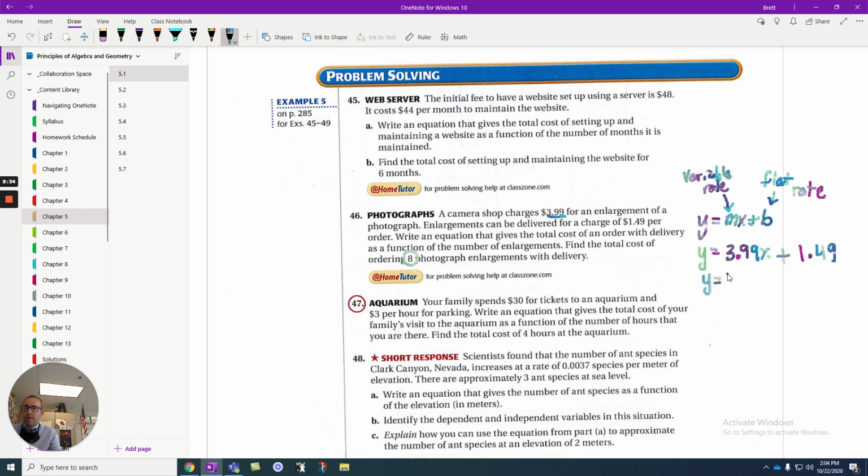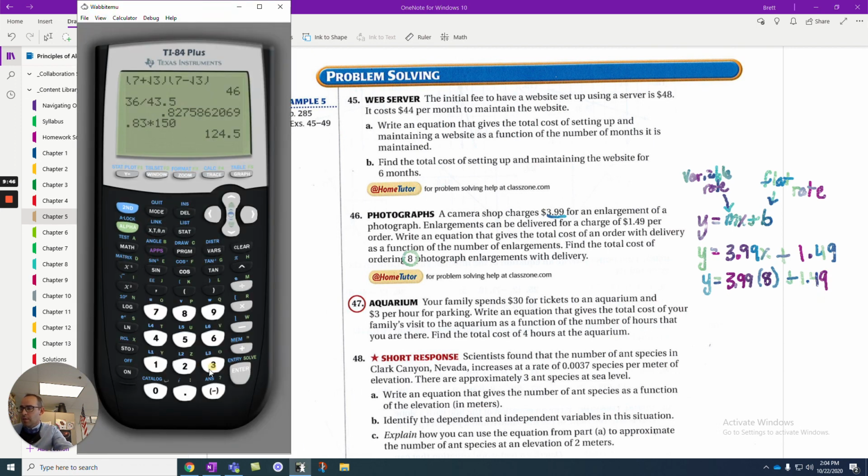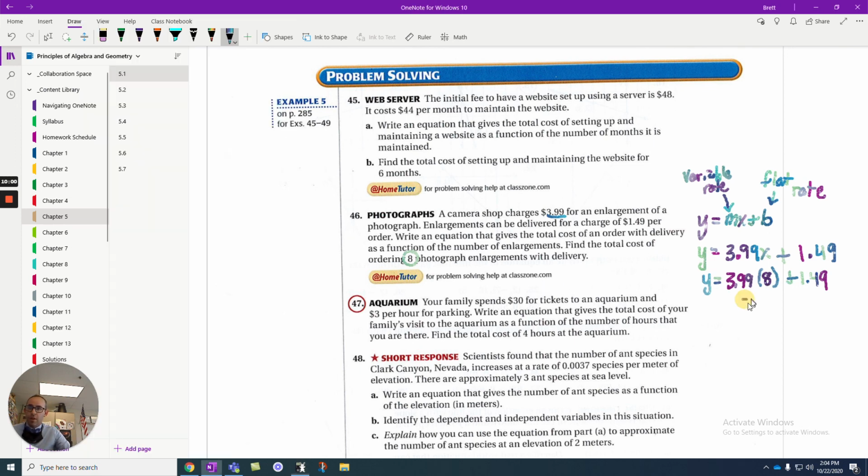Well, then my equation would be 3.99 times 8 plus 1.49. And if I grab my calculator here real quick, 3.99 times 8 plus 1.49 equals 33.41. So if I want these 8 photos enlarged and delivered to me, it's going to be $33.41. That's not including tax, but we'll go there another time.